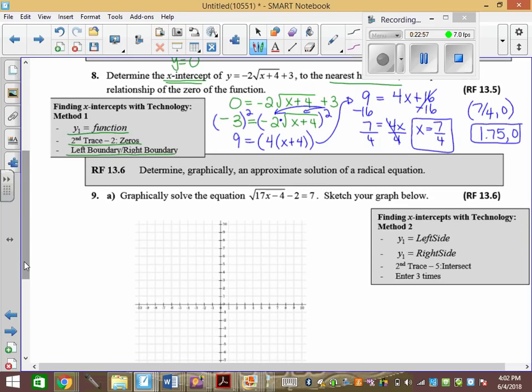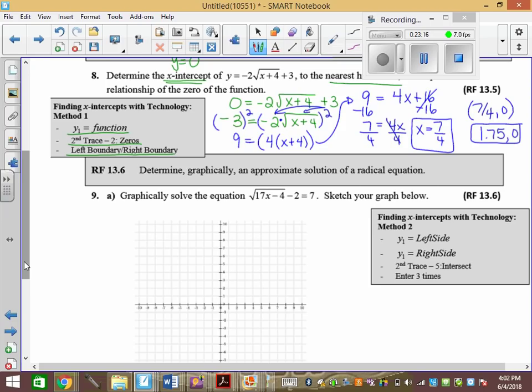Determine graphically an approximate solution of the rational equation. Sketch it below. So in this case, I won't sketch it, but I will show you in my calculator. Just writing it down so I can continue on my calculator.